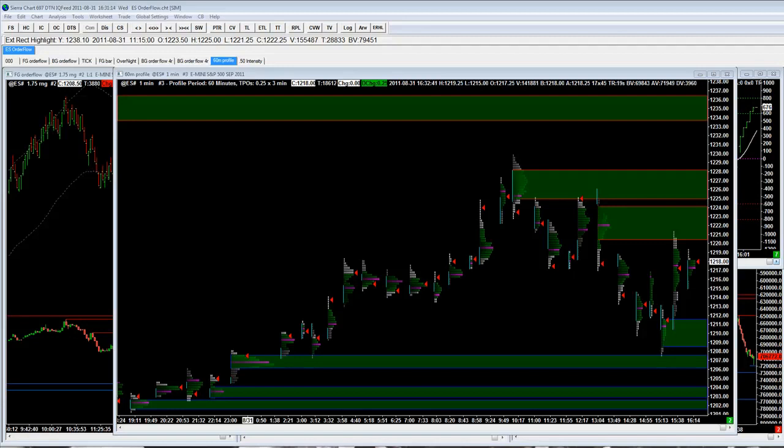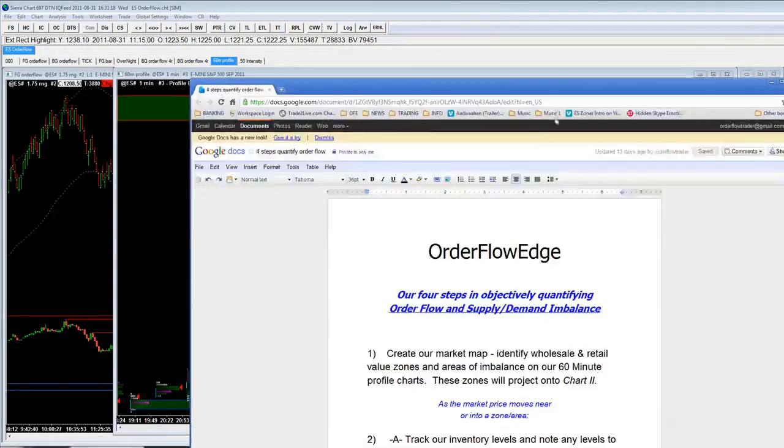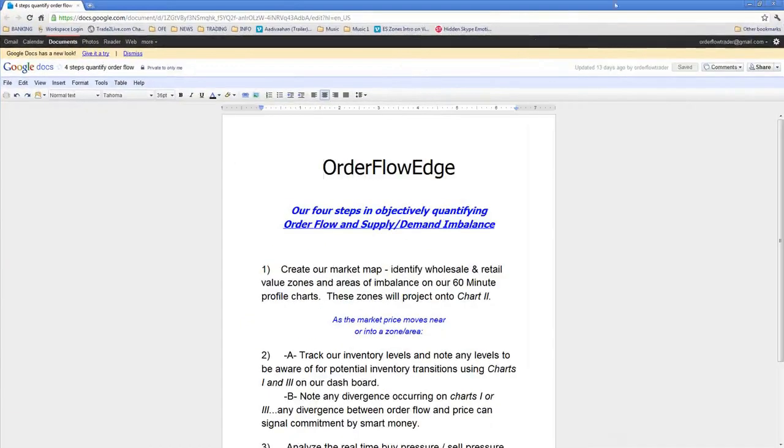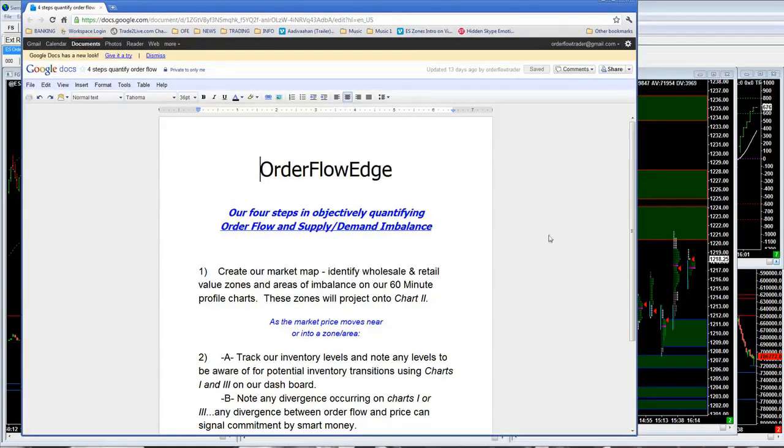So let's talk about these 4 steps. I just want to make sure everybody understands these steps.